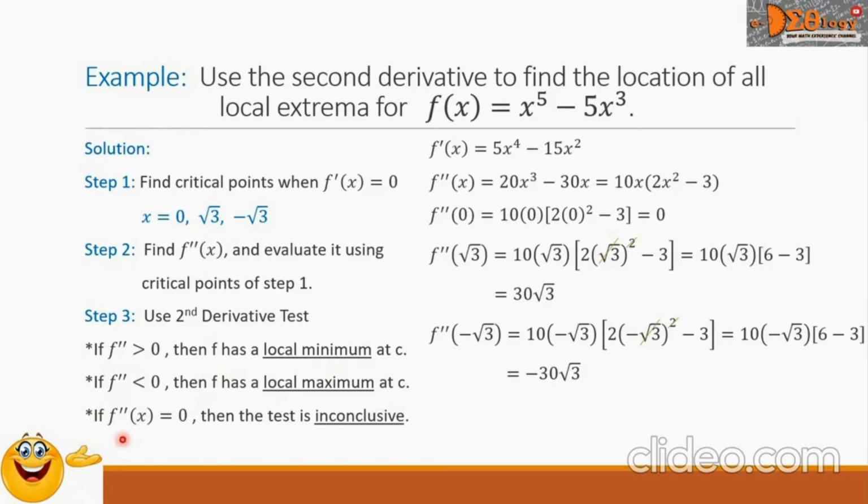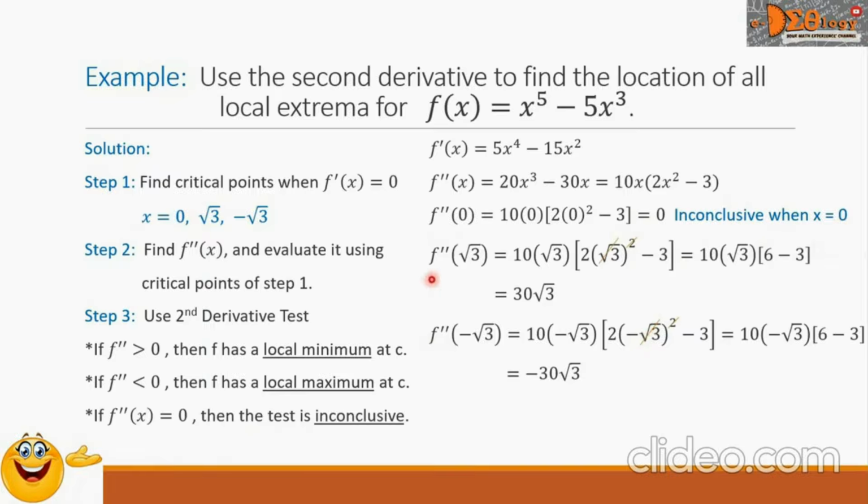But if the second derivative of the function equals 0, then the test is inconclusive, meaning there is no conclusion. Let us see now f double prime of 0, and this is equal to 0. In this case, we say that it is inconclusive when x is equal to 0.